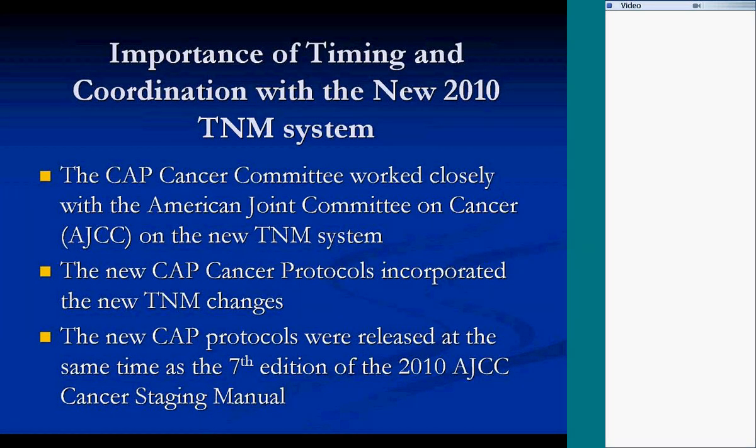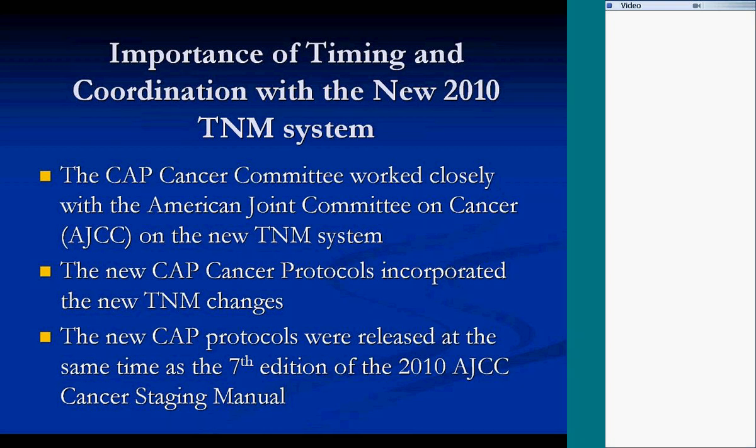So why is the timing so important now for this publication? It turns out that the new 2010 AJCC, American Joint Committee on Cancer, and the UICC, International Union Against Cancer, TNM system was just released.